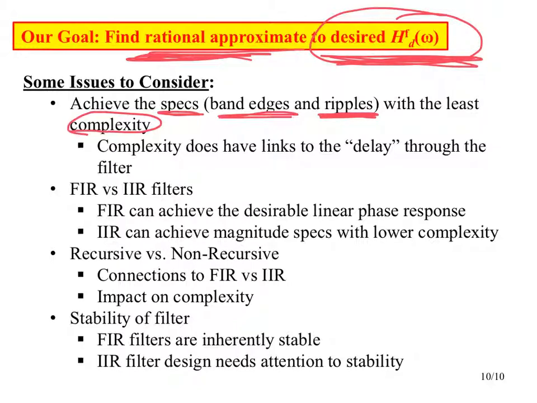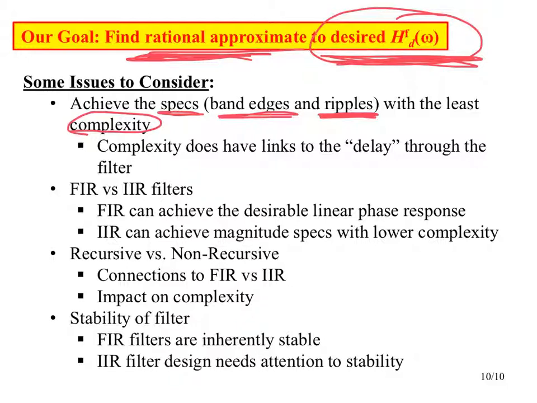And we'll see that that basically gets captured. For an FIR filter, we want to make the length of the impulse response as small as possible while still meeting these specs. And for an IIR filter, we'd like to make the order of the filter as small as possible while still meeting these specs.